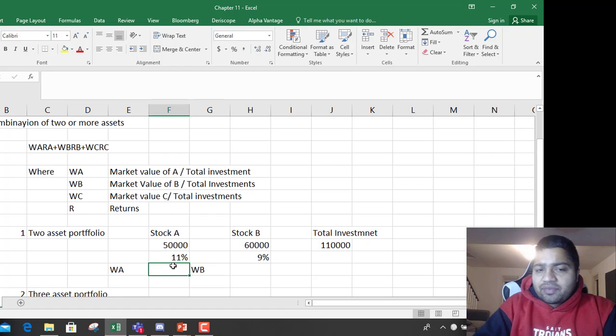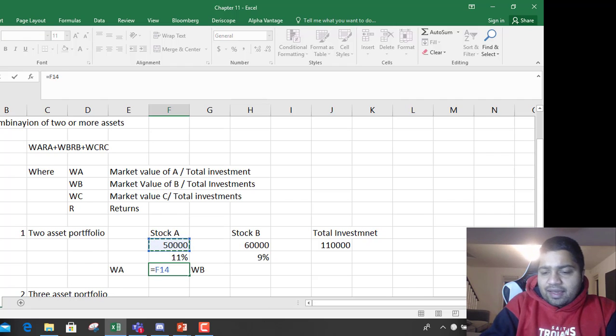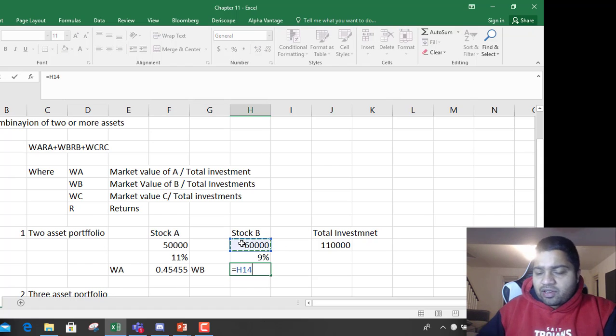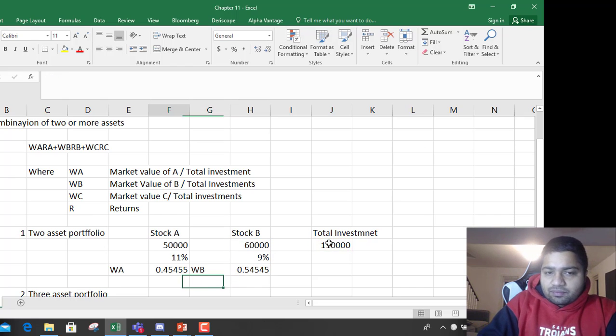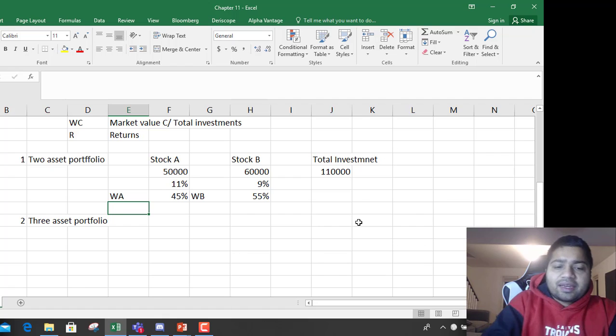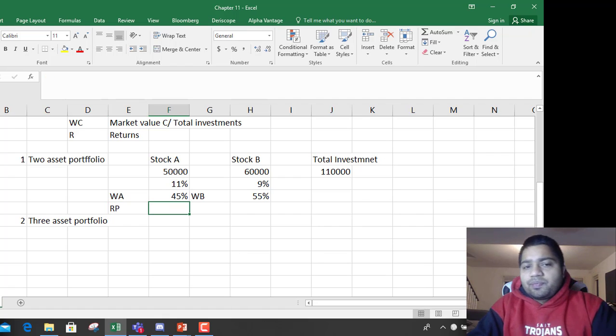Now how to calculate weight in A? It is the value in A divided by total investment, and here it is value of B divided by total investment. So it is 45% and 54%. Then we can calculate return on portfolio.